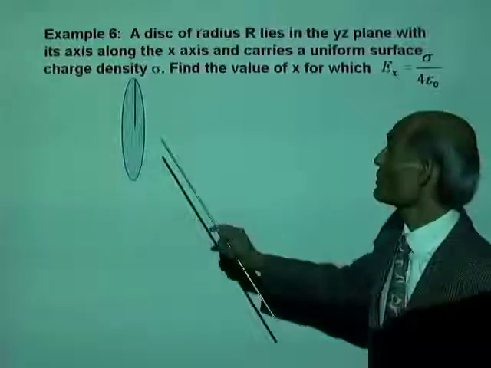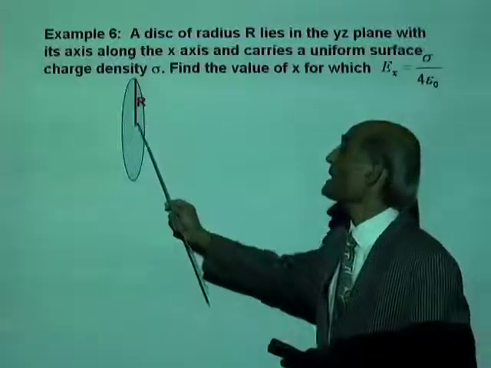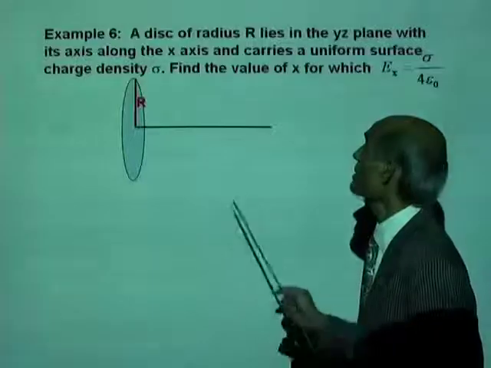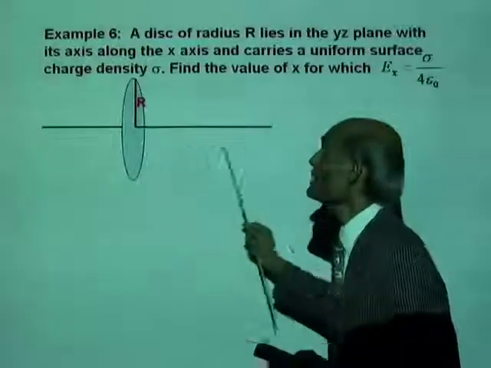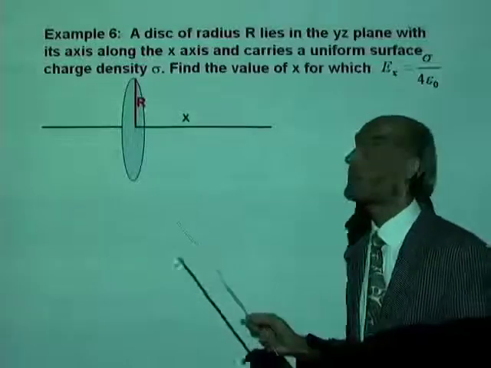All right. Now, here is the disk in the YZ plane, and the radius of that disk is r, and this is the x-axis at right angles to the plane of the disk.